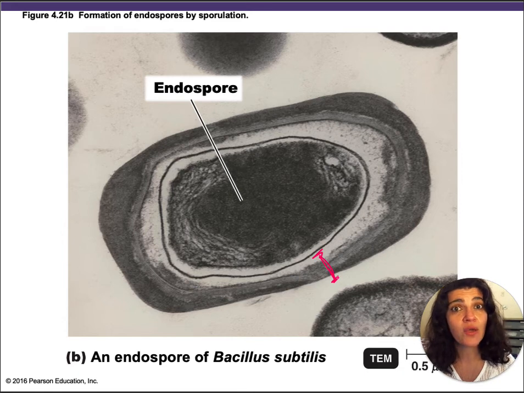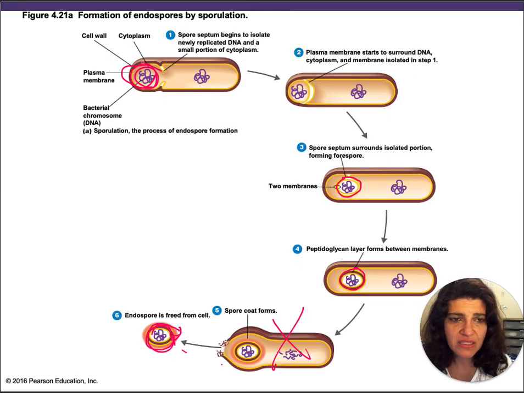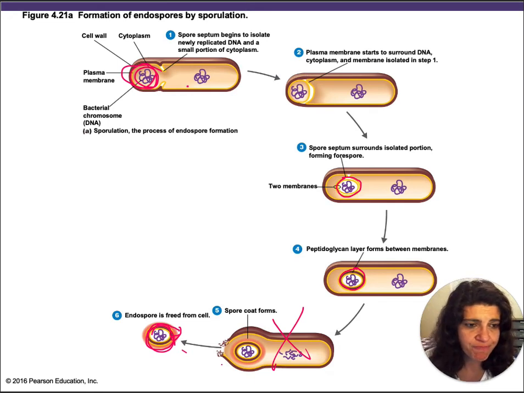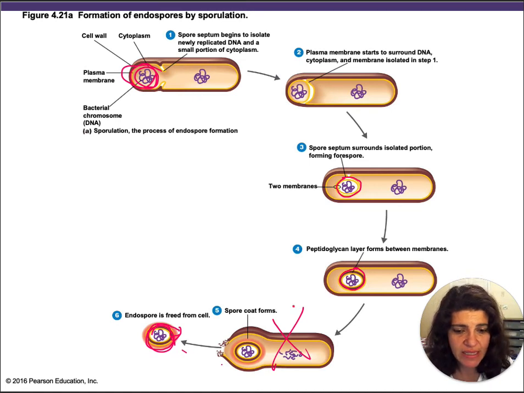And then one day, when conditions are good again, they can go back to being a bacterium again. The bacterium that generates the endospore is called vegetative, and once that happens, they can die, like I said.